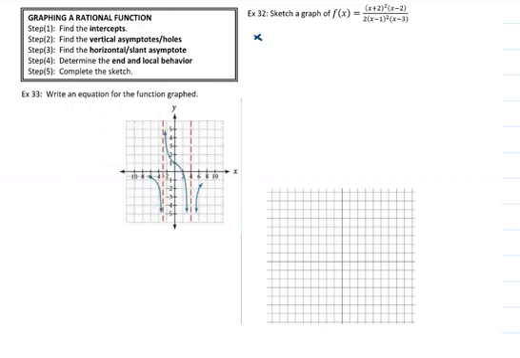That's a good idea. Okay, so if I'm looking to find the x-intercepts, I'm going to set the y value equal to 0, and that means f of x.